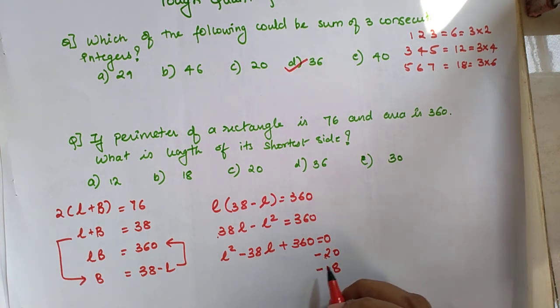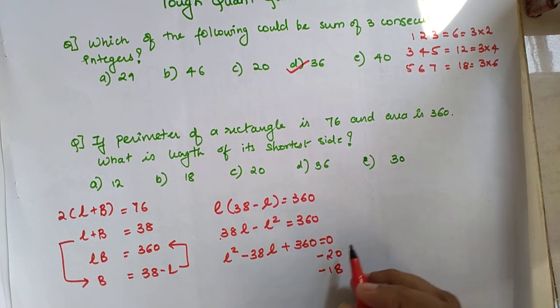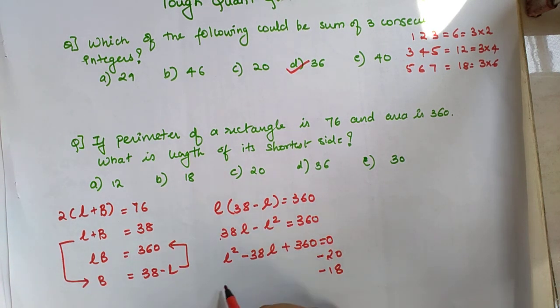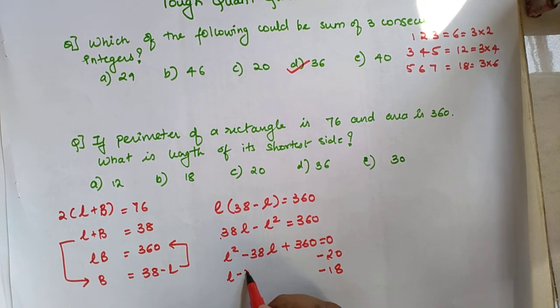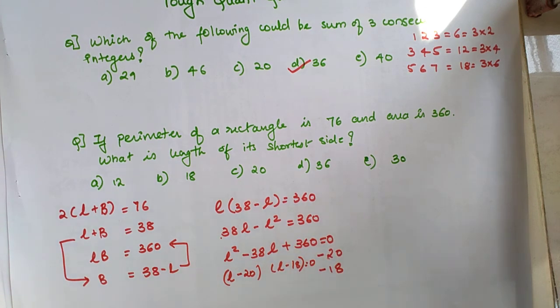Okay, students, in case you don't know how to remove these factors, then I have a video of the same. Please go ahead and check that out. Now here this can be very conveniently written as (L minus 20)(L minus 18) is equal to 0.